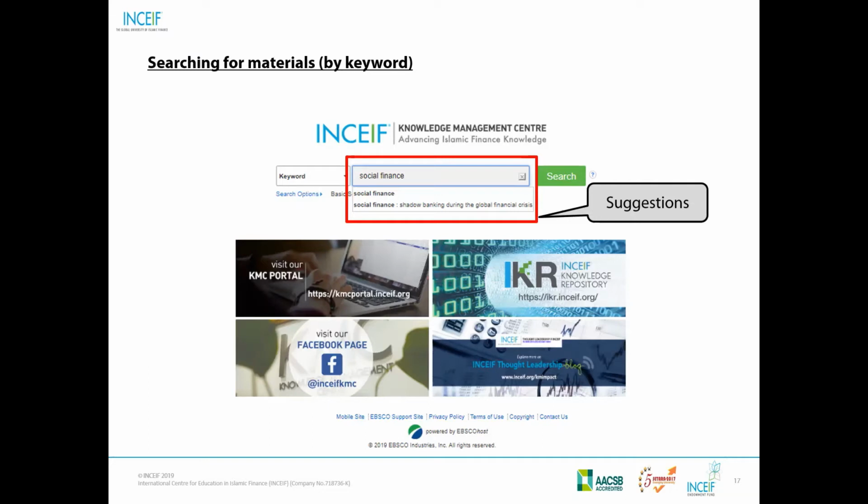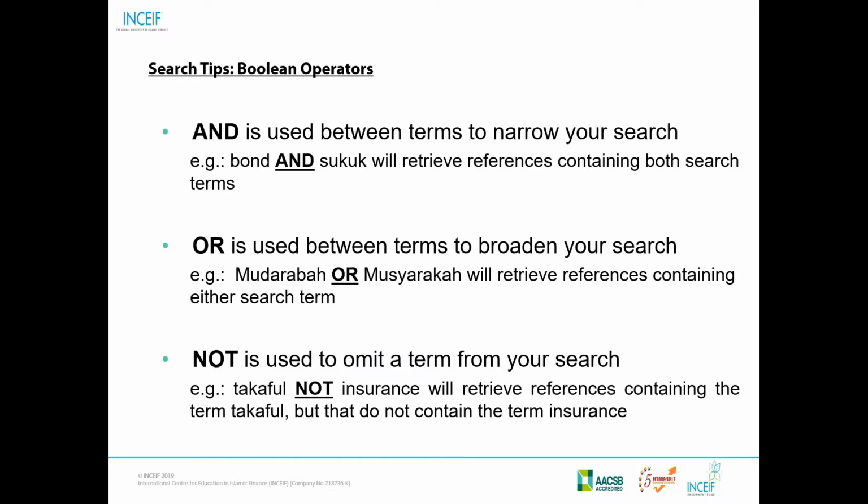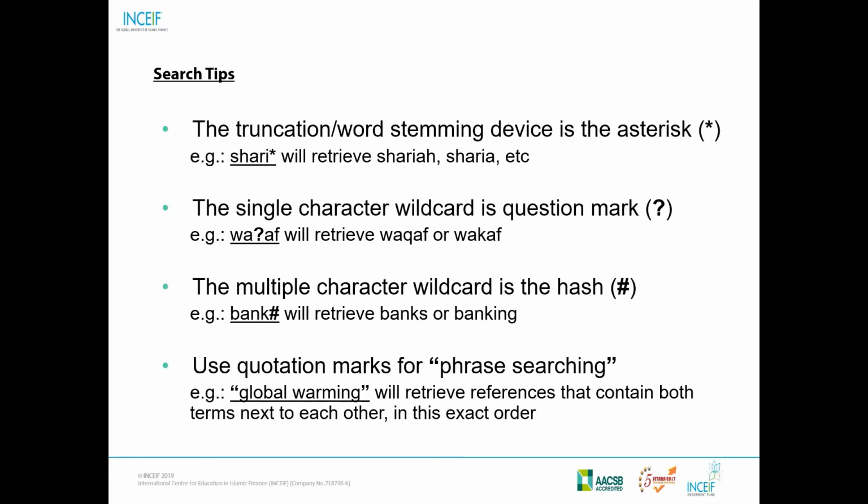Okay. So while you are typing your keyword, for example social finance, the system will suggest related items that come with the topic. And these are the tips for how to use the Boolean operators. Some of these tips you can also use in Google.